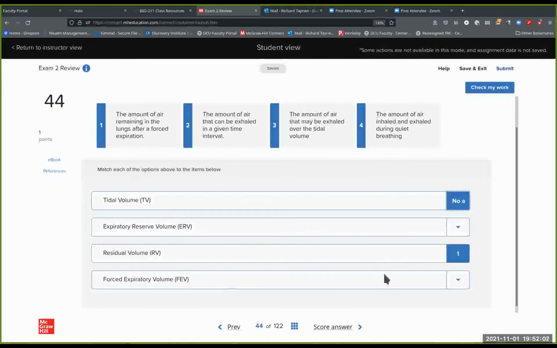So that would be FEV. And so, of course, the amount of air that can be forced out above tidal volume, that's expiratory reserve volume. What was that, 3? Yeah. Oh, wait.